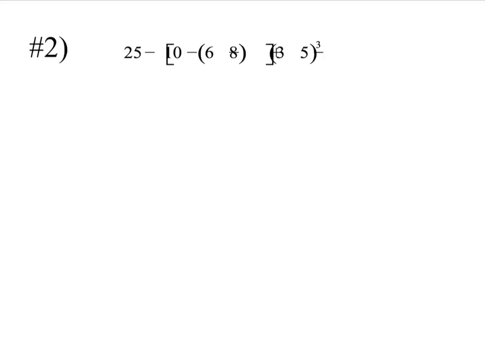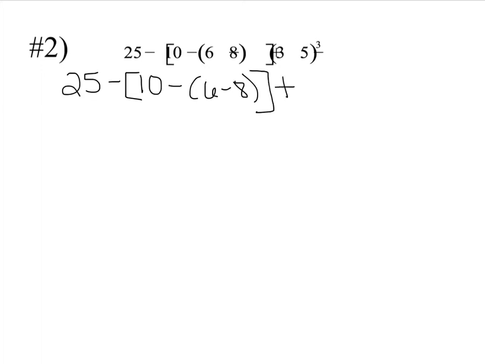It says 25 minus 10 minus the quantity 6 minus 8 plus 3 minus 5 cubed. Okay, so PEMDAS says you start with parentheses first.